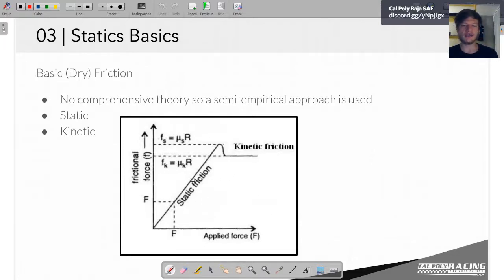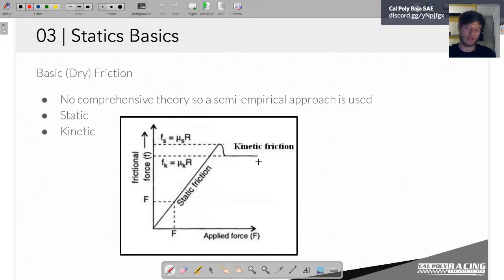Friction is ridiculously complicated. There are hundreds, if not thousands of PhDs that have already happened and are still to come explaining how friction works. But we're engineers.